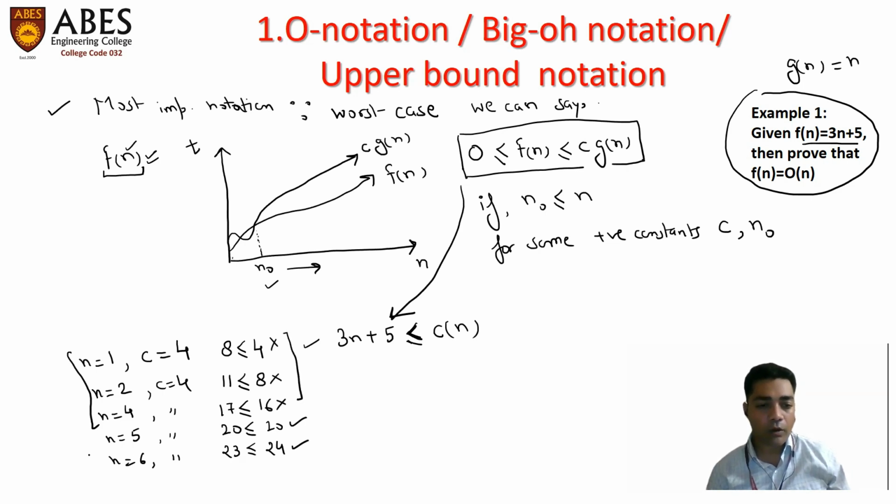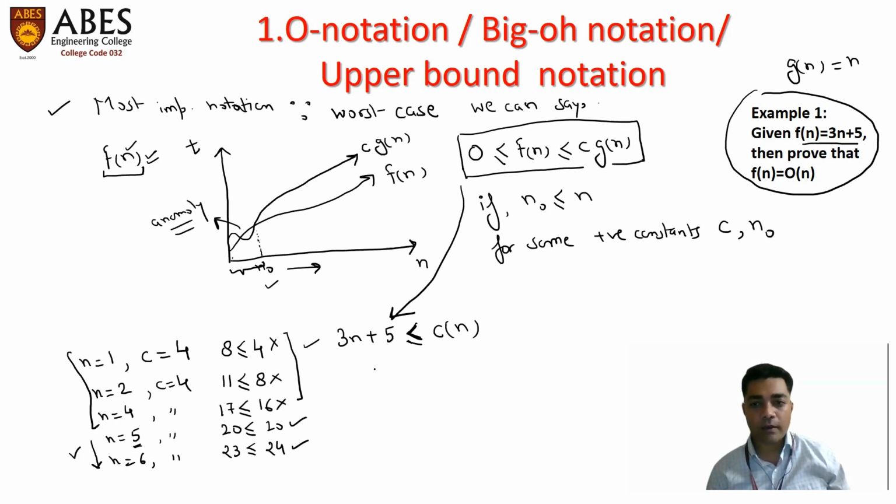But all the values after n is equal to 4, we are getting the correct answer. So these values n is equal to 1, 2, 4 lie here, where some anomaly can arise. But after n is equal to 5, we will get this result.